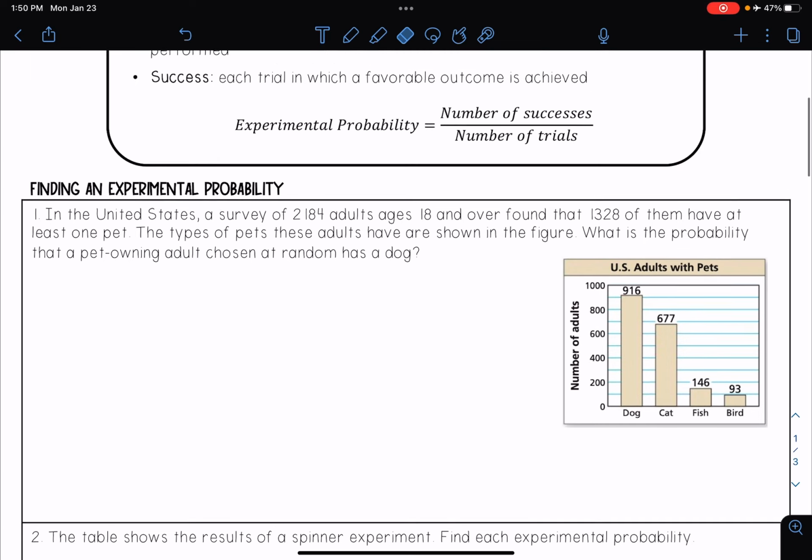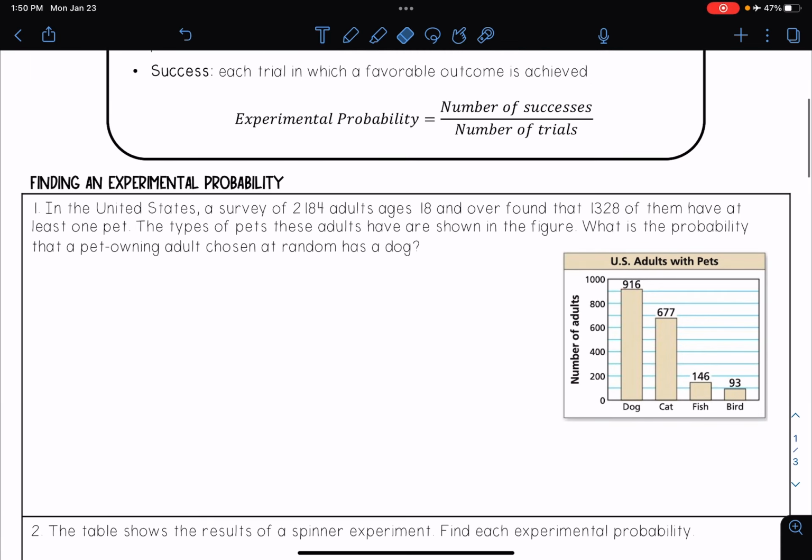So we're looking at the experimental probability, so I know that that is going to be the number of successes divided by the number of trials. So I want to see what my number of successes are first. Well, looking over at this chart, I'm looking to see how many chosen at random have a dog.